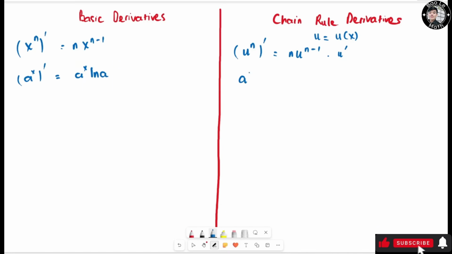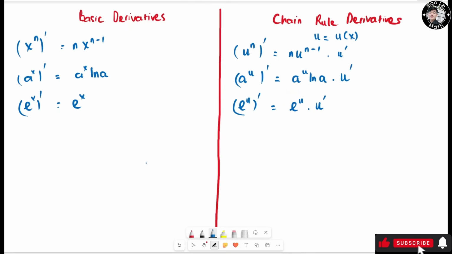Now the derivative of a to the u is going to be a to the u ln a times u prime. Now you have the derivative of e to the s is going to be e to the s, right? The derivative of e to the u is going to be e to the u times u prime.